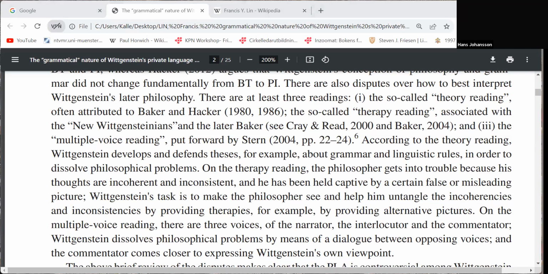Two, the so-called therapy reading, associated with the new Wittgensteinians and the later Baker.